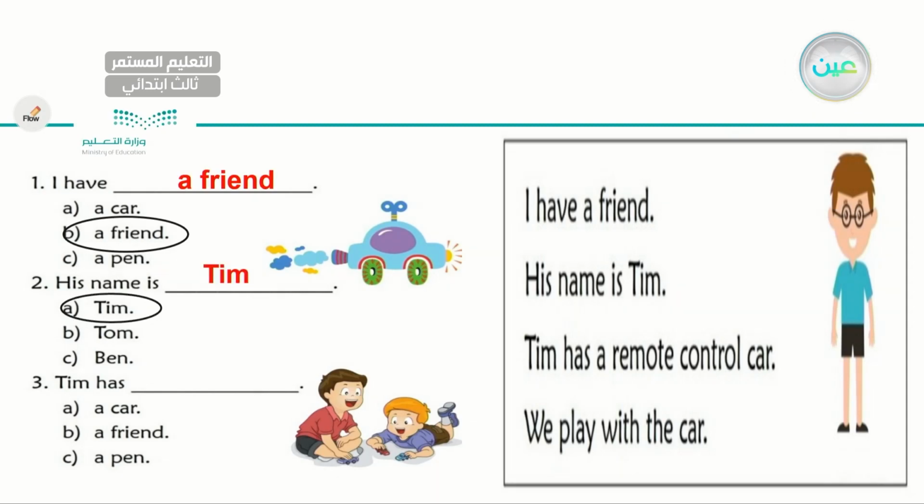Number 3, Tim has a car, a friend, a pen. What do you think? Tim has a remote control car. So the answer is Tim has a car. Very good, my dear student. You were able to find the answers from the passage.